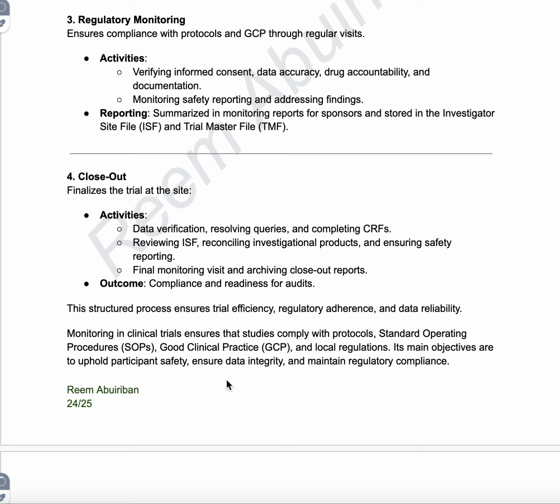So monitoring in clinical trials ensures that the studies comply with the protocols, standard operating procedures, which are the SOPs, good clinical practice, and local regulation. Its main objectives are to uphold participant safety, ensure data integrity, and maintain regulatory compliance.